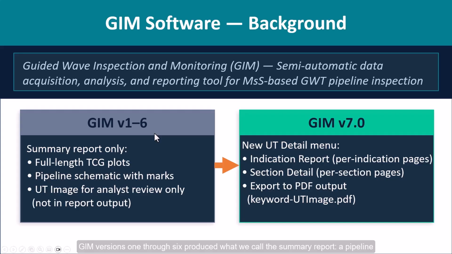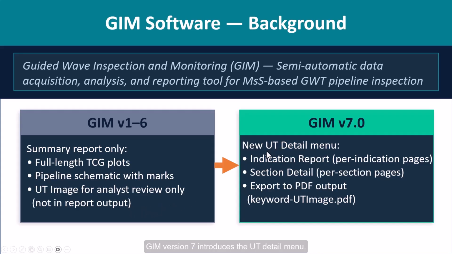GIM versions 1 through 6 produced what we call the summary report: a pipeline schematic, a full-length TCG data plot at each center frequency, and indication marks. Those earlier versions did include a UT image tool in the review screen, but it was a review tool for analysis only. It was not part of the report output delivered to the client.